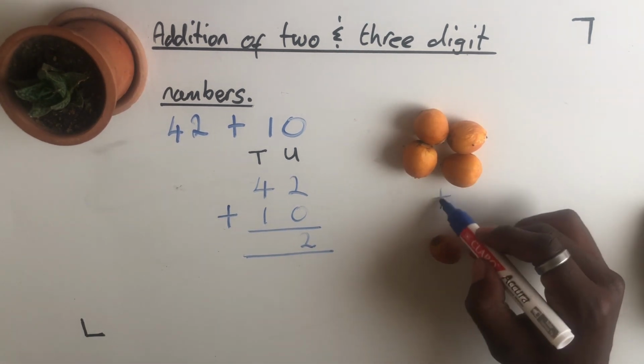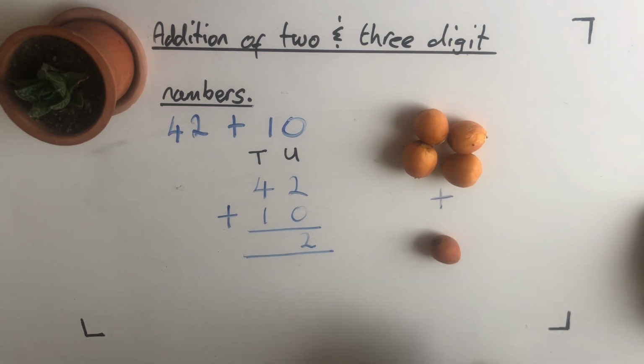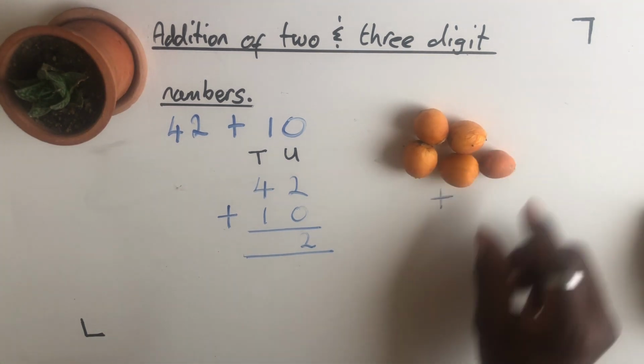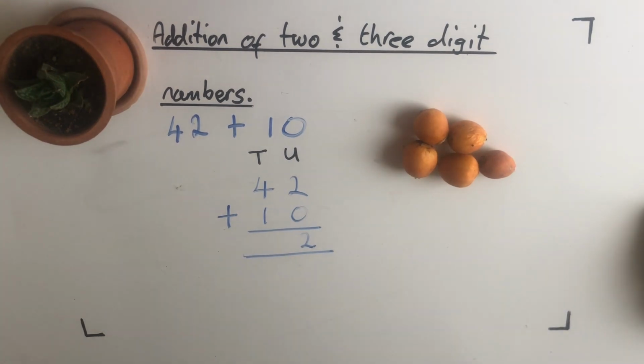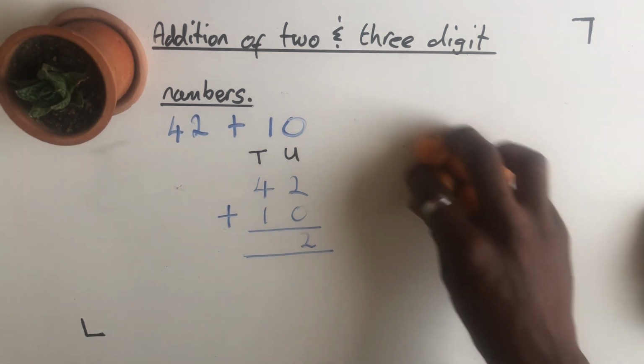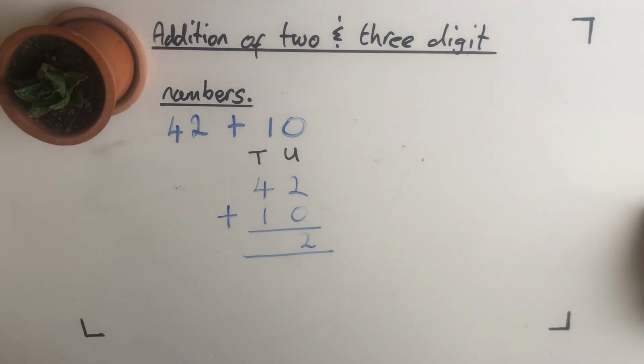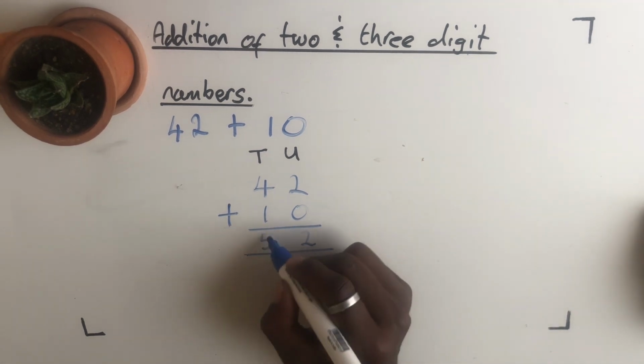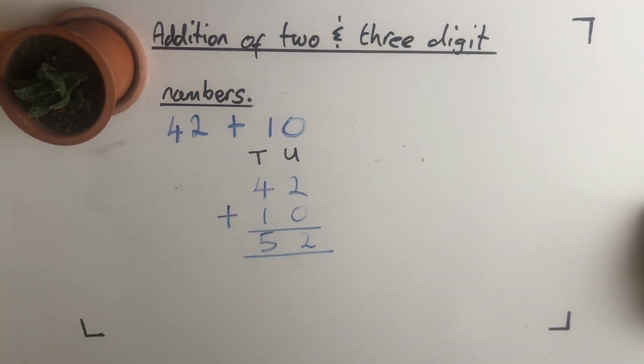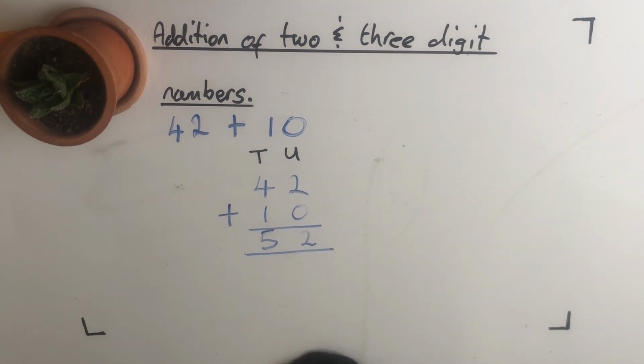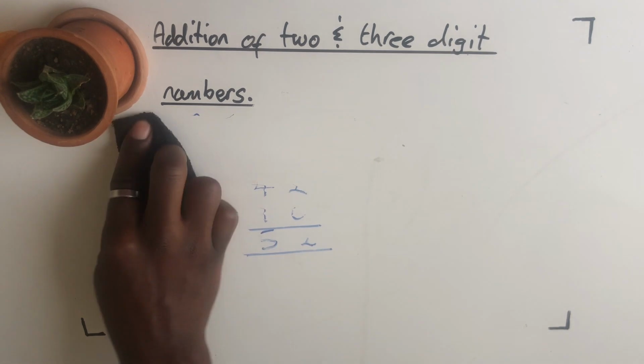And if I add these two together, that gives me 5 tens. So now I have 5 sets of 10, so that becomes 52. Let me show you a third and final example of adding 2-digit numbers.